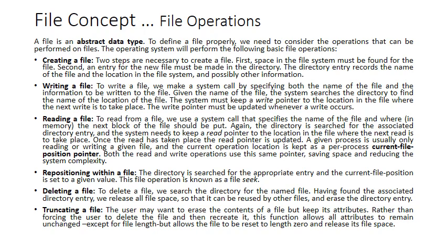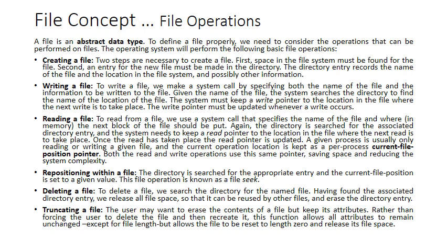Reading a file. To read a file, we use a system call that specifies the name of the file and where in memory the next block of the file should be put. That is, you have to take the contents from the secondary storage and shift them to the primary memory for whatever processing that is required.